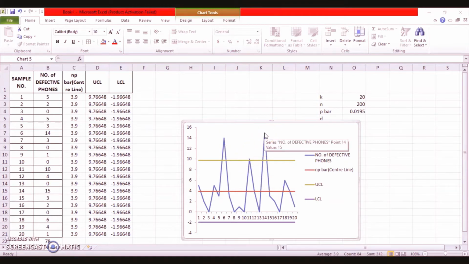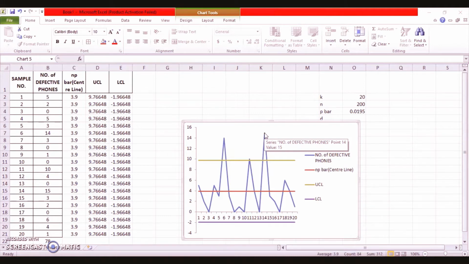So basically what happens if one or more points lie outside the control limit, either in the upper control or the lower control or in both form, the control chart indicates that the process is not under statistical control. Now this can happen because there could be some assignable causes which are present in the process.